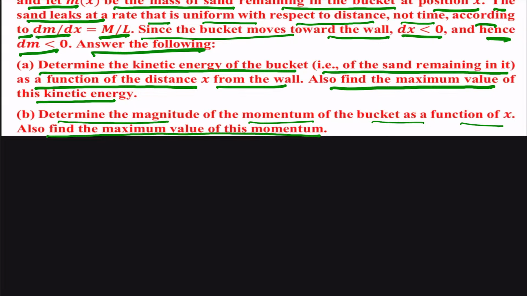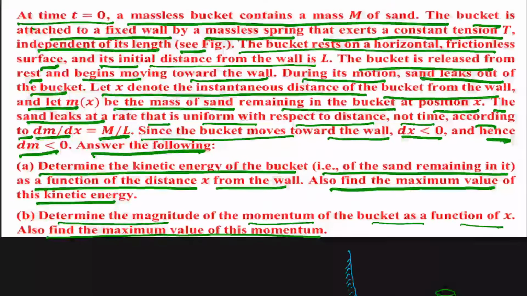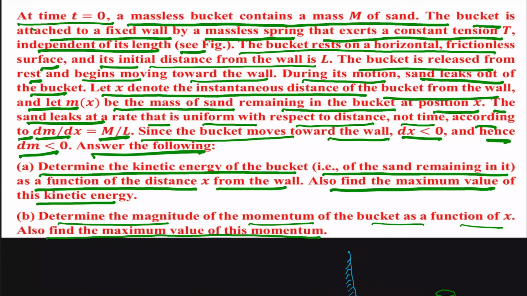It's stating that we have a wall and a surface, and on this surface we have a bucket. Okay, suppose this is a bucket, and to this bucket a spring is connected, okay, and its tension is a constant, it is independent of the length.